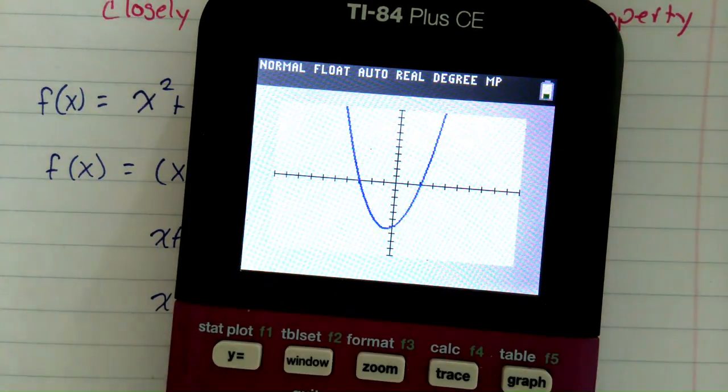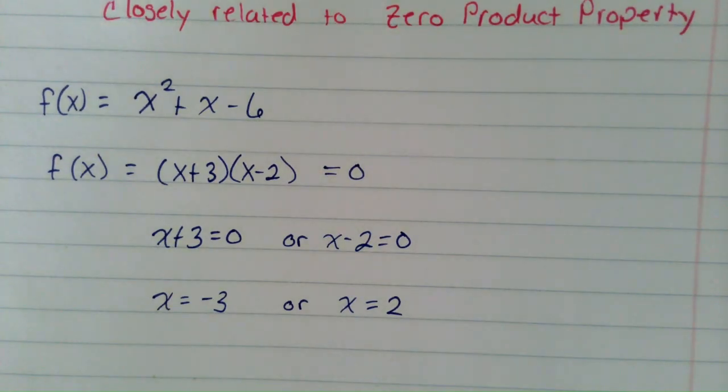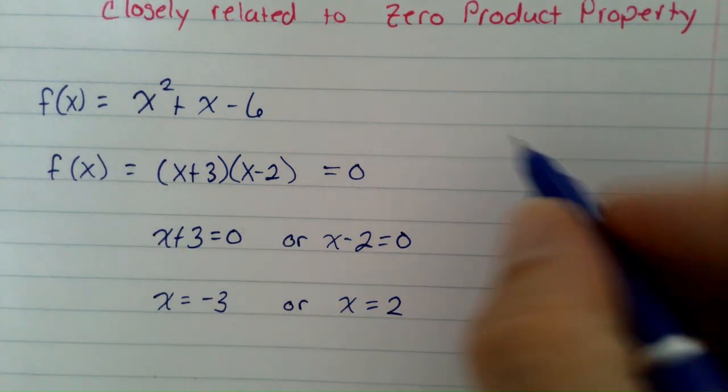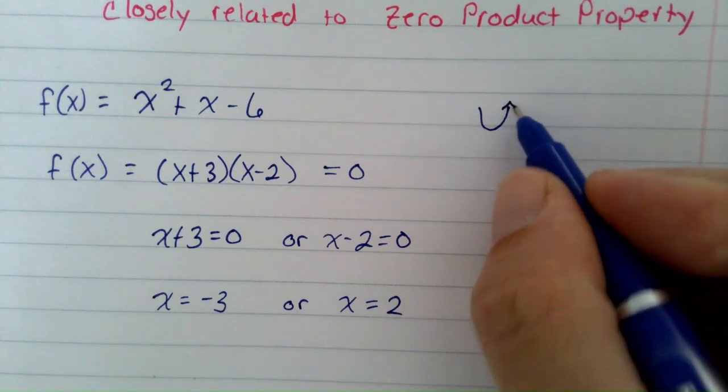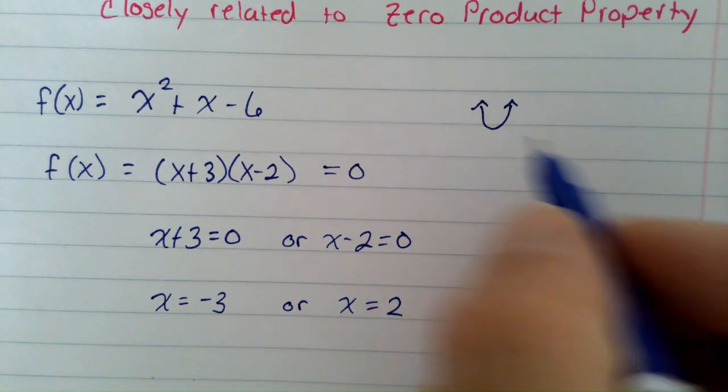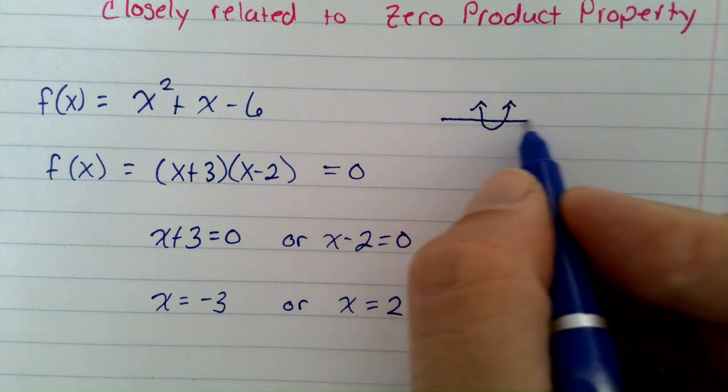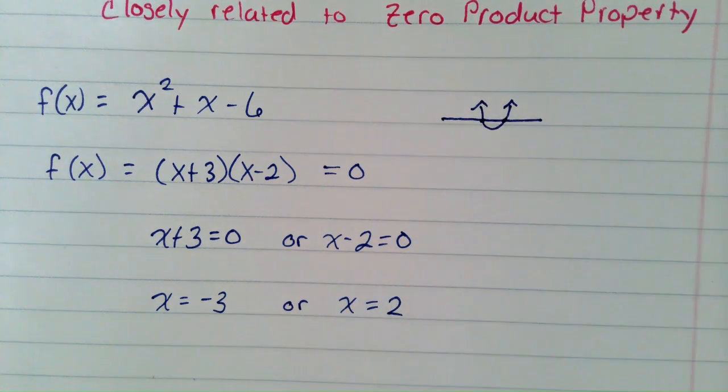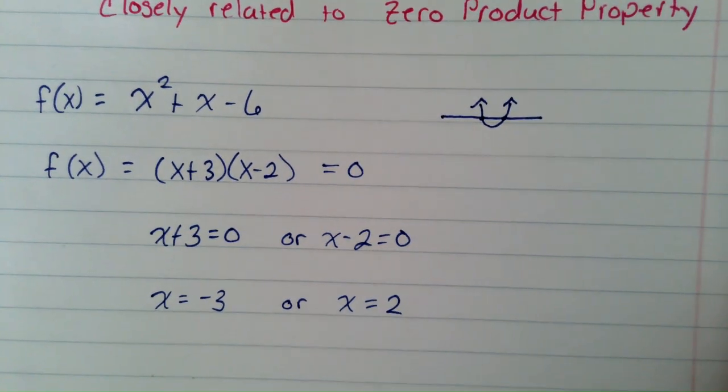So that's where my zeros or my roots or my x-intercepts are. I'm going to use all those words. Why do I have 2? Well, it's quadratic. Because it's x squared, it has one turning point. The end behaviors are up, and we can have up to 2 x-intercepts. And we happen to find 2, one at negative 3 and one at 2.